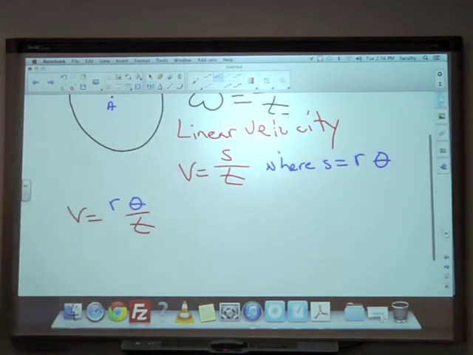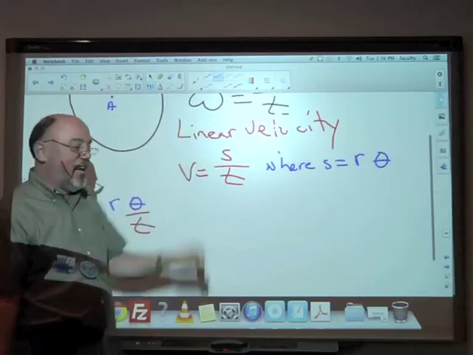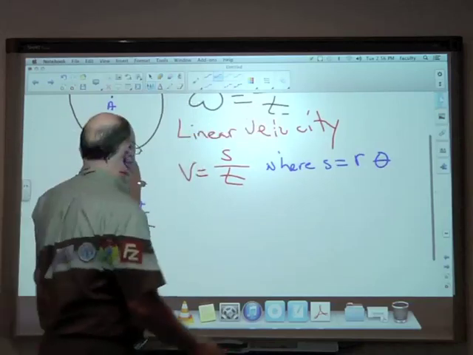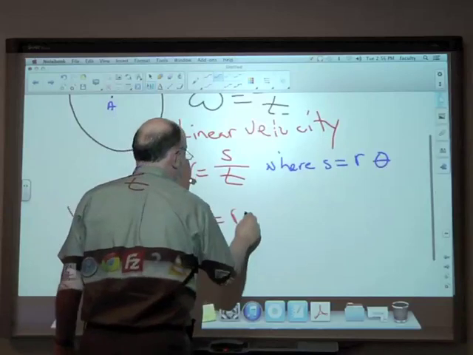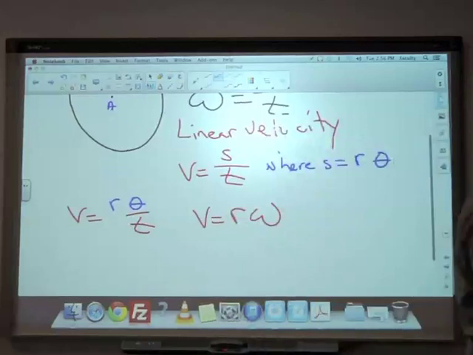We also have from earlier that theta over t is the angular velocity, and so v is r times omega, the angular velocity. Again, all I did was substitute.